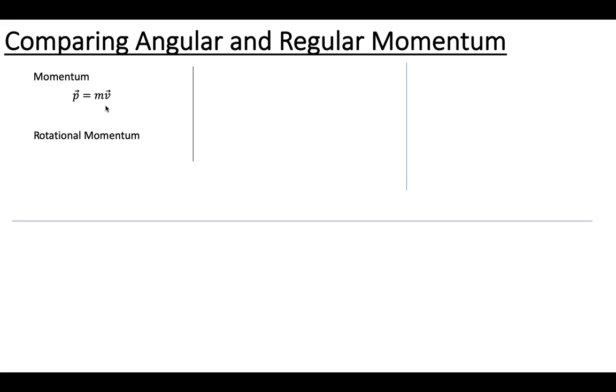Okay, so rotational momentum is going to look like a very similar equation: L equals I omega. Kind of like how last week, instead of an M, we saw the I. It's the same switch from M to I. M is mass, I is moment of inertia. And we're seeing the same switch with the velocity. We're changing from regular velocity to circular, or rotational, velocity, and that's omega.